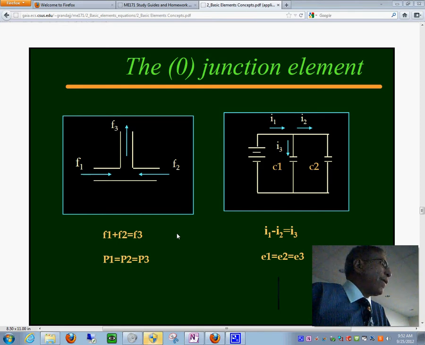Remember Pascal's principle? What does it say? For a pipe, a connection like this, the pressure has to be the same, right? The flows will add up, but the pressure is the same. You agree? That's basically based on Pascal's principle, right?